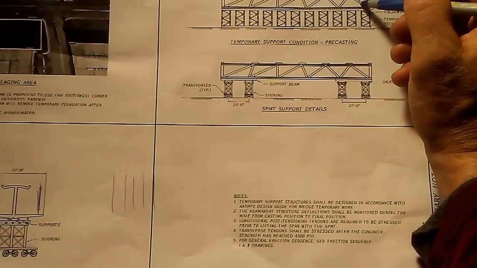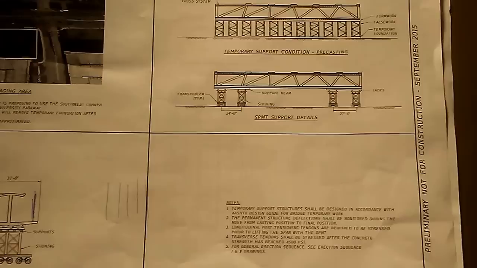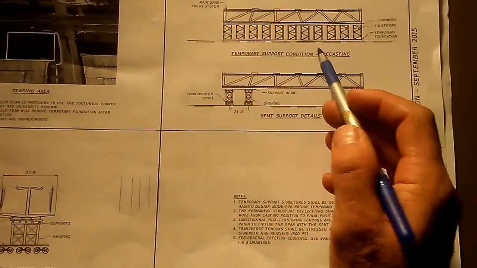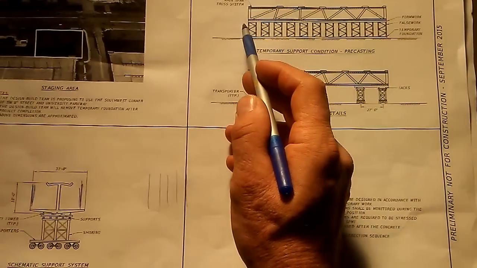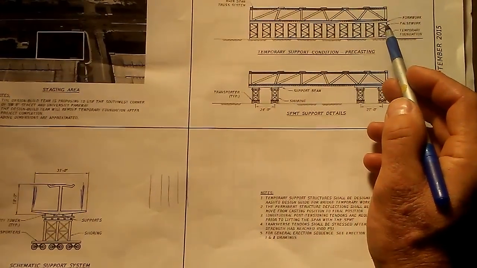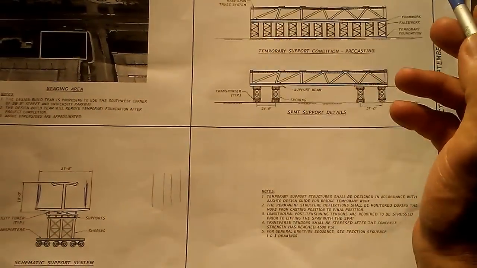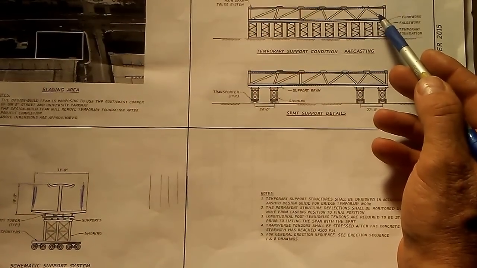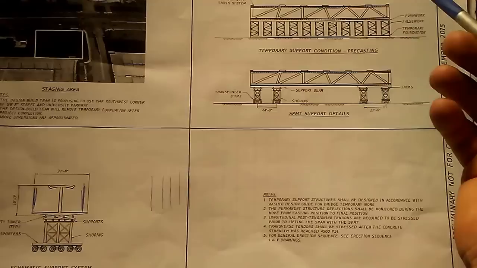When they applied post-tensioning, that member is not seeing much compression because the weight of the bridge is being carried by all these towers. So when they squeeze that member, most of the compression being applied in that member is because of the post-tensioning.